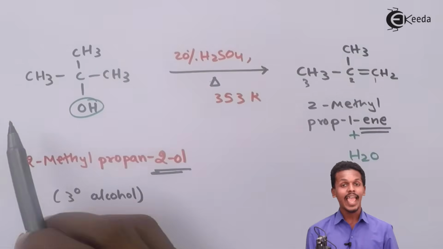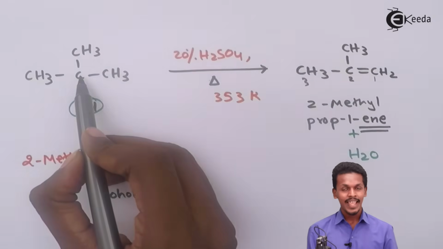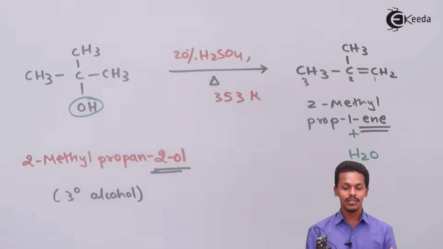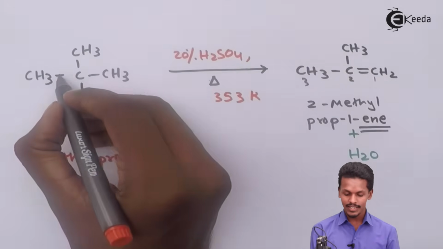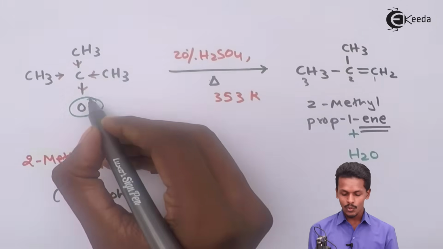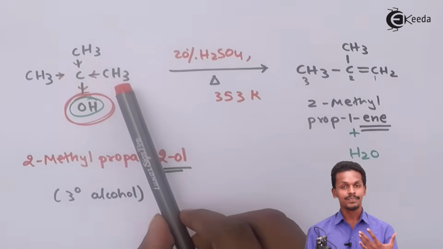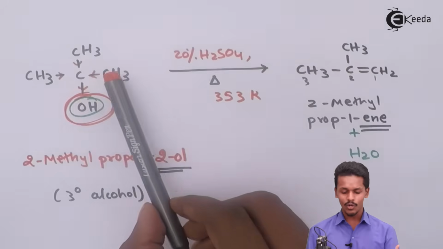As you could see, there are 3 methyl groups surrounding this carbon atom, and all these methyl groups have a plus I effect, that is, plus inductive effect. So that's the reason they will induce the OH to be removed very easily, and that's the reason the OH will be removed by an elimination of OH along with H.